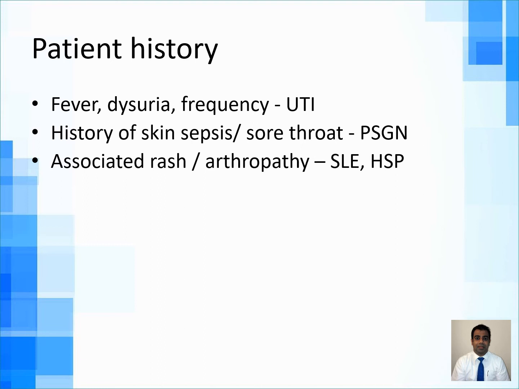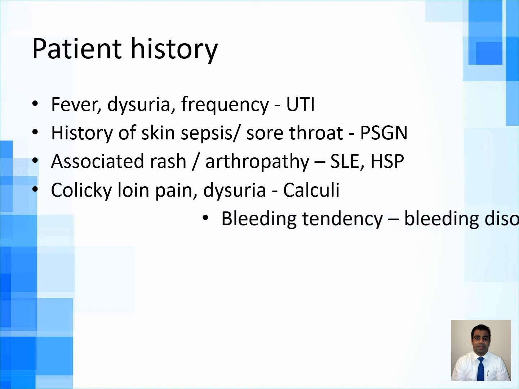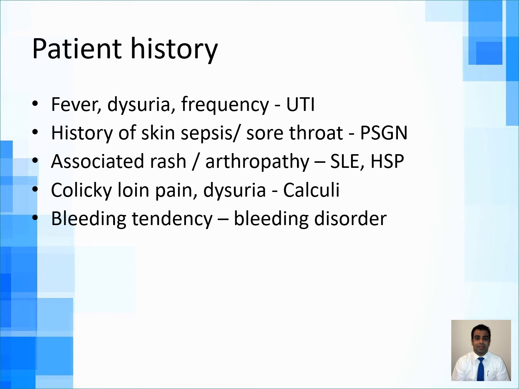So these aspects in the history would suggest the diagnosis as well. So that's why the history is so important. Colicky loin pain with loin to groin radiation and dysuria, think of urinary calculi. If there is bleeding in other places as well, you need to think of a bleeding disorder or thrombocytopenia.